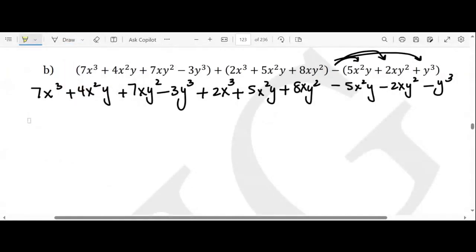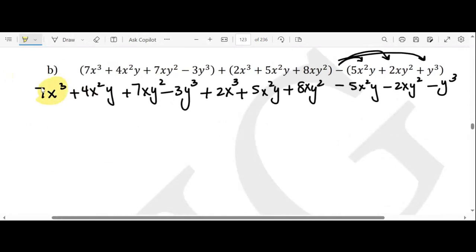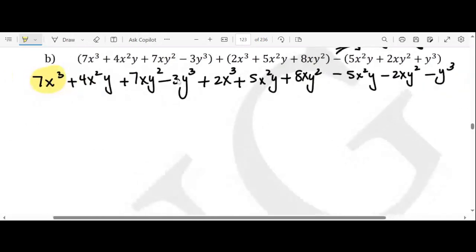Now 7x cubed. Do we have 7x cubed here? Yes. Where is the x cubed? We don't have.